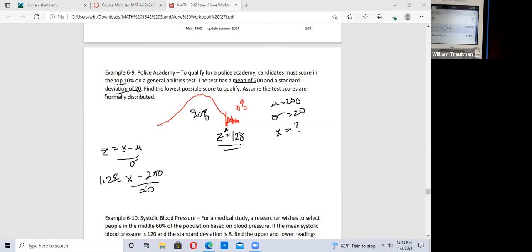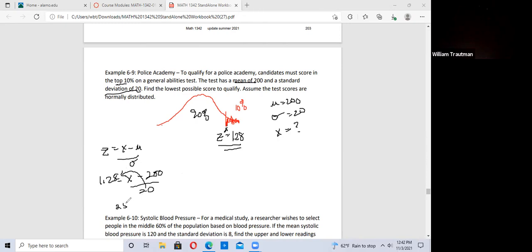Okay, so now I need to take the 20 to the other side by multiplying by 20. 1.28 times 20 is 25.6 equals X minus 200. I multiply this side by 20, multiply this side by 20, and those cancel, and this is what I'm left with. Take the 200 to the other side by adding 200, and X equals 200 plus 25.6, which is 225.6.